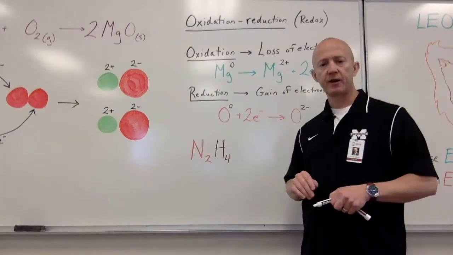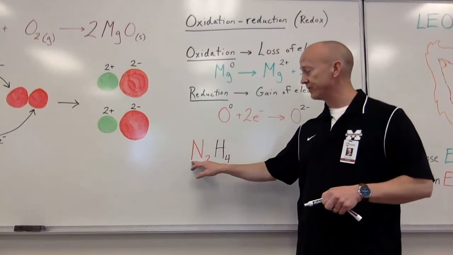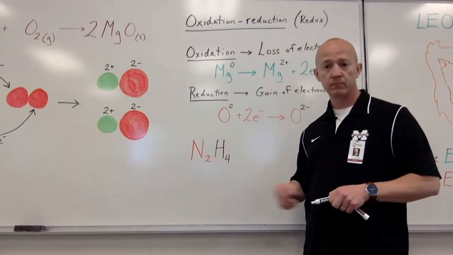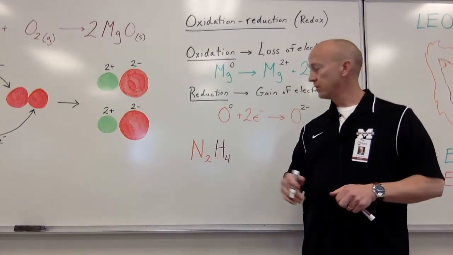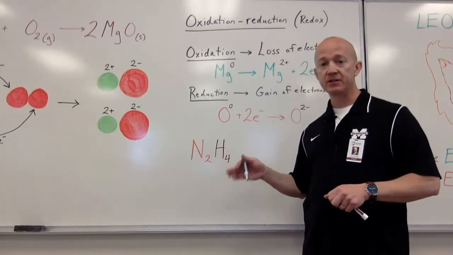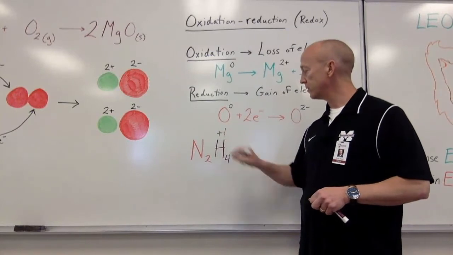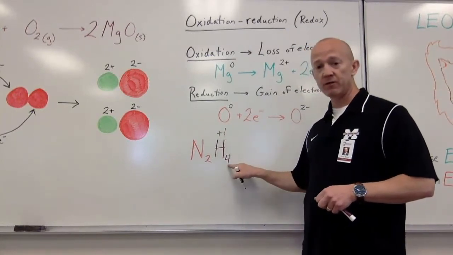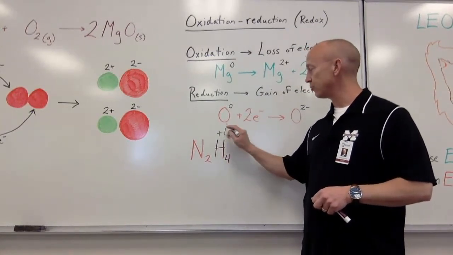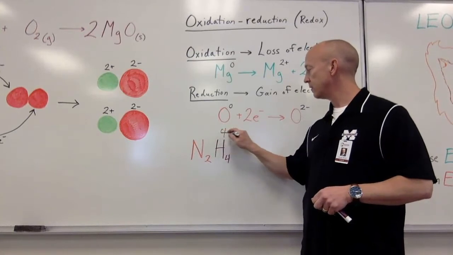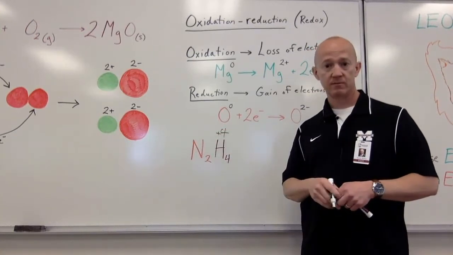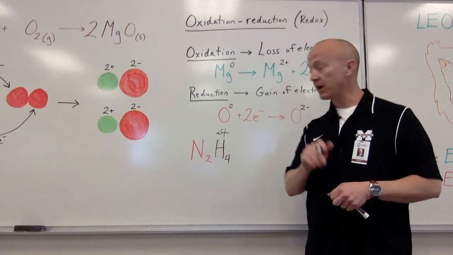Let's do another one. Find the oxidation number of nitrogen in N2H4. So first off, we know that hydrogen here is not in a metal hydride. So it's going to be +1. But since there's 4 of them, that's 4 times +1, so we have +4. Get it? Okay.